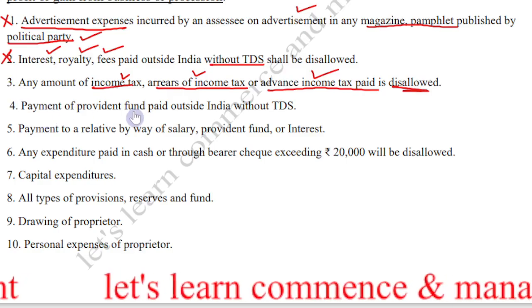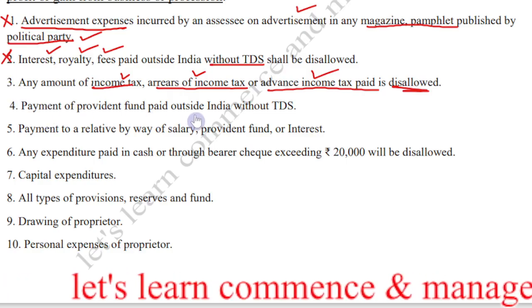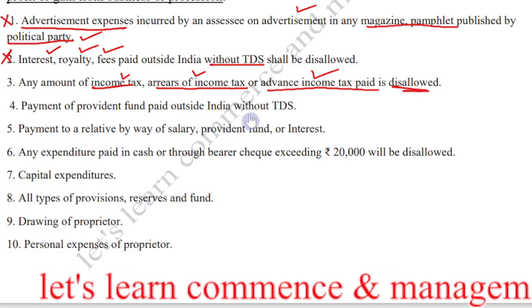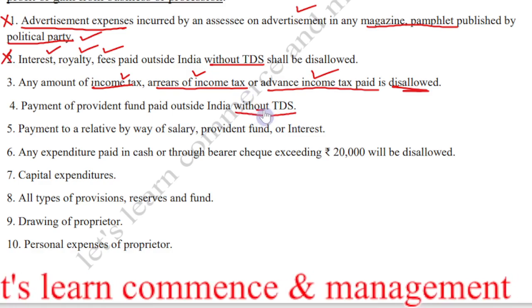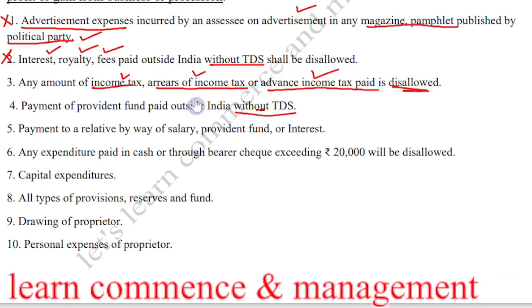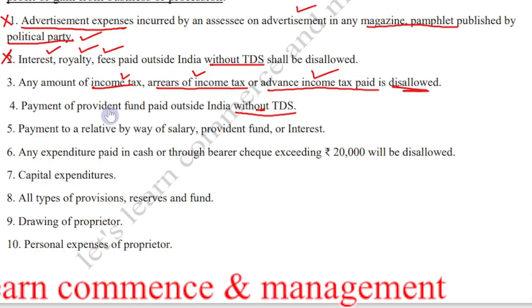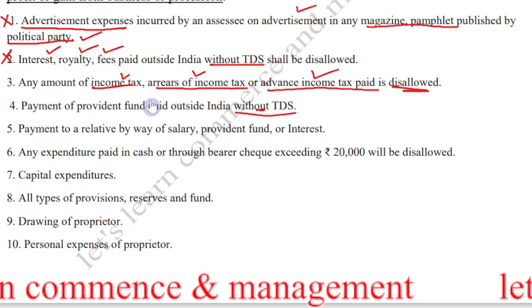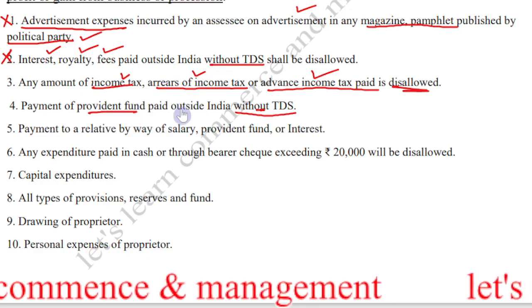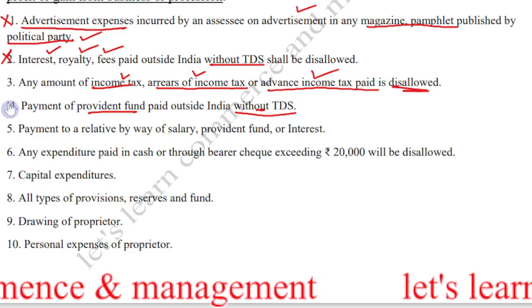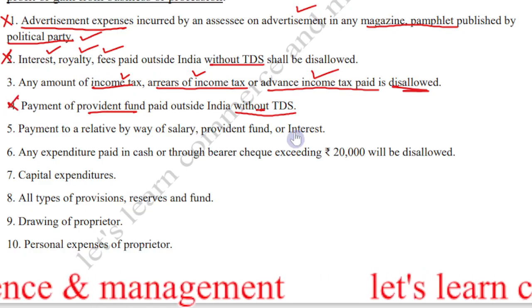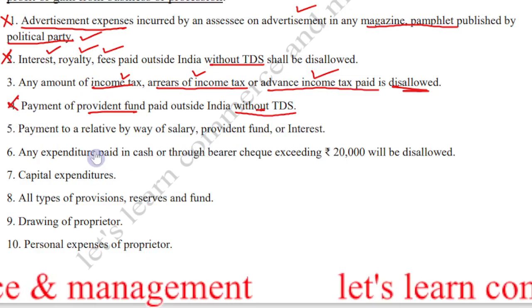Next, payment of provident fund paid outside India without a TDS. If it was with the TDS, then it is allowed. But if you are paying the provident fund outside India and the tax is not deducted at source, then it is also an inadmissible expenditure.